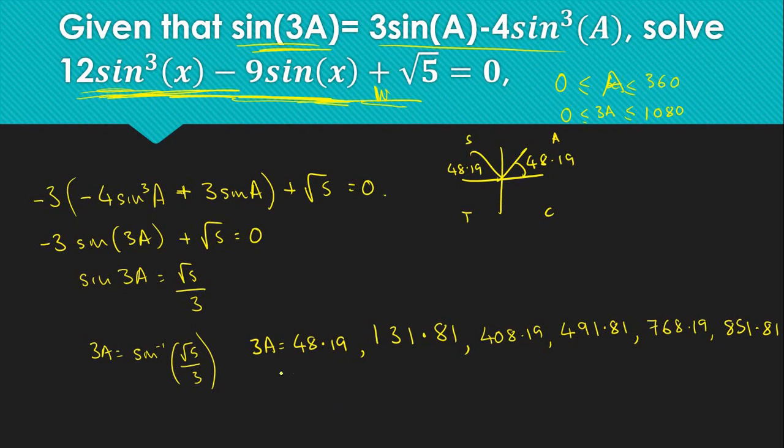And if 3a equals each of those things, a will equal each of those things divided by 3. So for example, 48.19 divided by 3 comes out as 16.06. And you can just divide those things by 3 yourselves. I don't think you need to see me dividing things by 3 with a calculator.